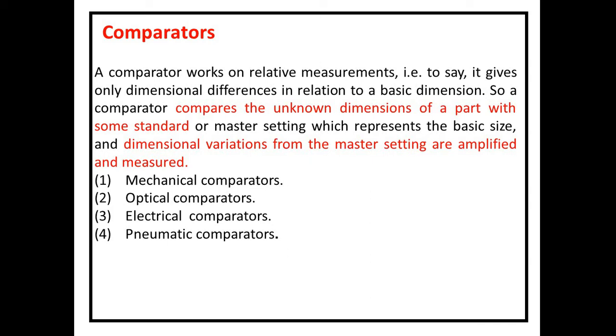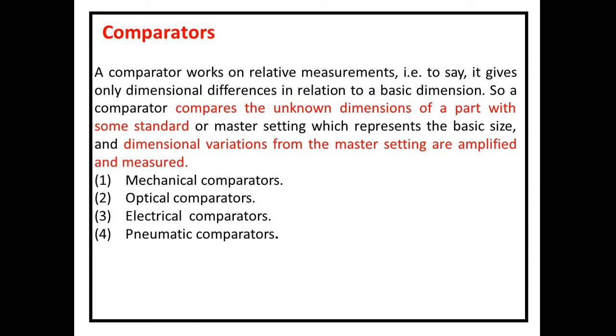Basically the comparators are very useful in mass production, when the size of the component is constant and the quantity is huge. In that case, instead of measuring the dimensions with conventional instruments, you can go for the comparators. Many advantages are there.